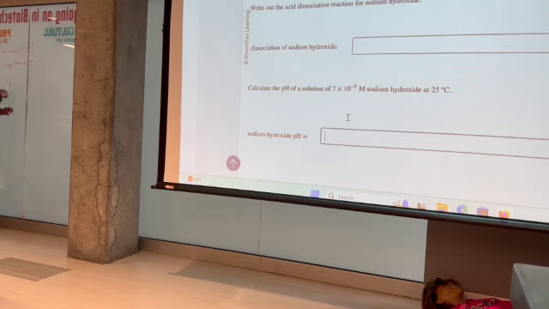So this comes from pH plus pOH equals 14. Actually, pH equals 14 minus the pOH. So it's going to be 9.8, I think.